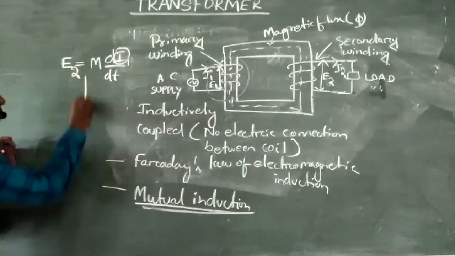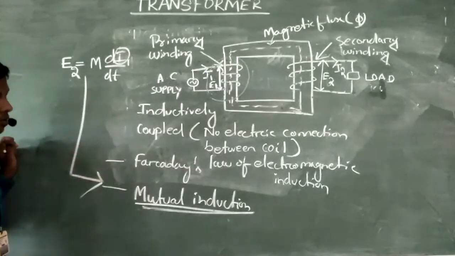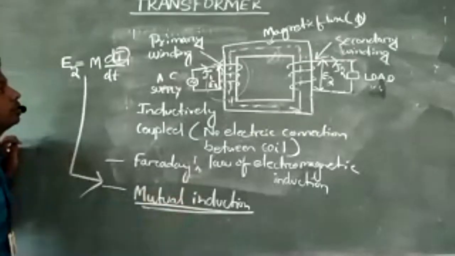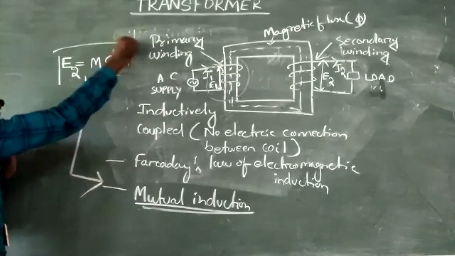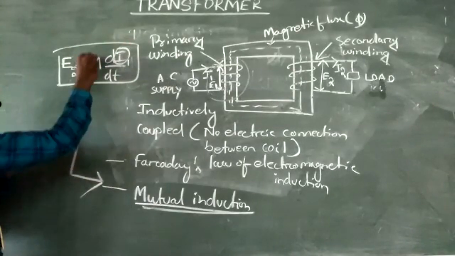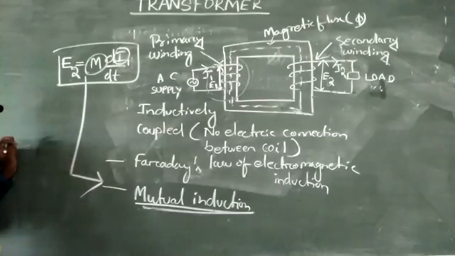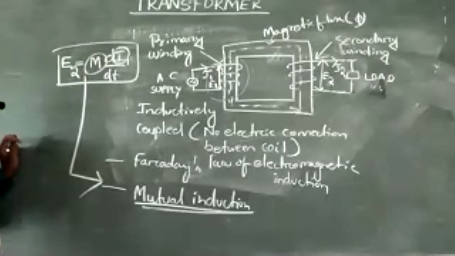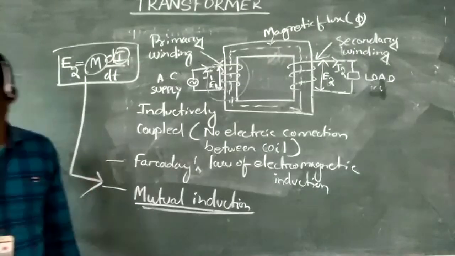So this value is coming from mutual induction. The magnitude is M di by dt. M means the mutual coupling effect. So this is the basic working principle of a single phase transformer.